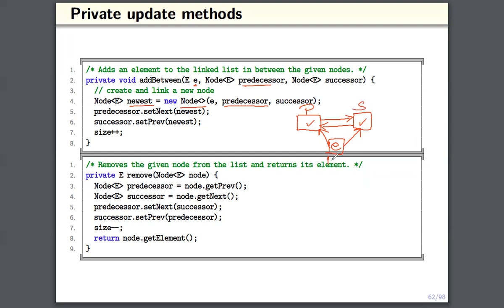This is the newest. Next node as successor. Okay, what about line 5? Predecessor dot set next is newest. See, now these links should be removed. They should be fixed, right? Predecessor dot set next is equal to newest. Successor dot set previous is equal to newest.